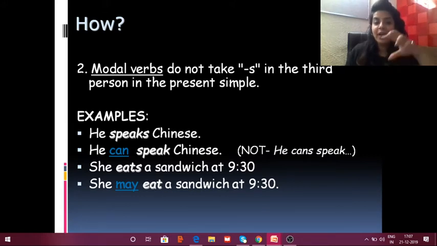No. S is added to the normal verbs, but in modals we do not add an s at the end. It remains as it is, intact. Can is can. She eats a sandwich. She may eat a sandwich at 9:30. But we never say she mays eat. That's absolutely wrong.